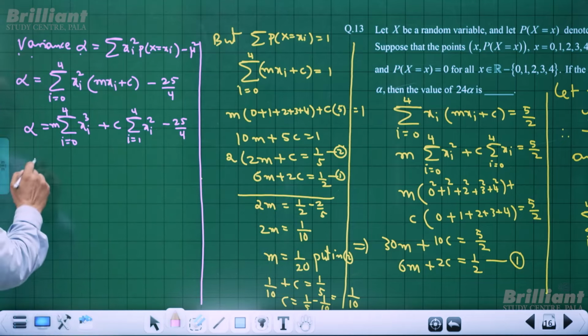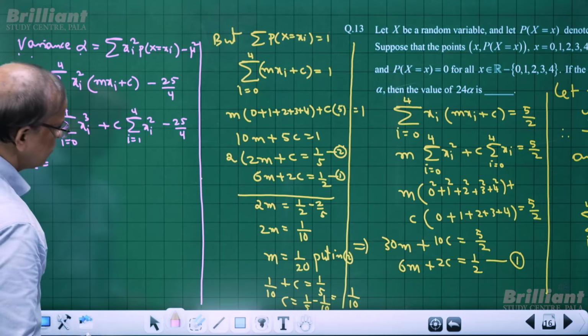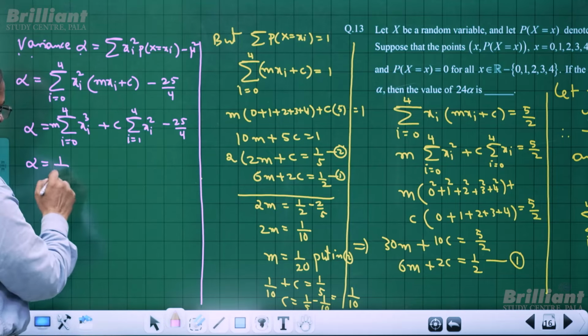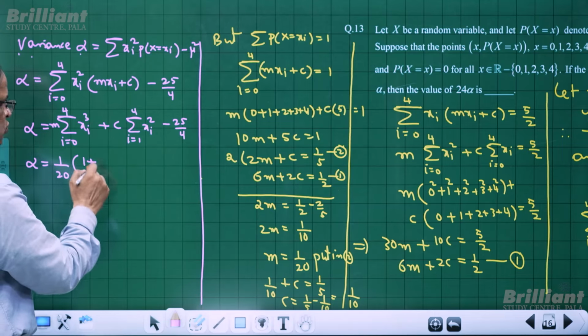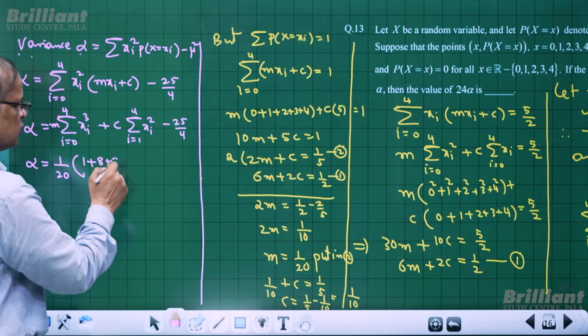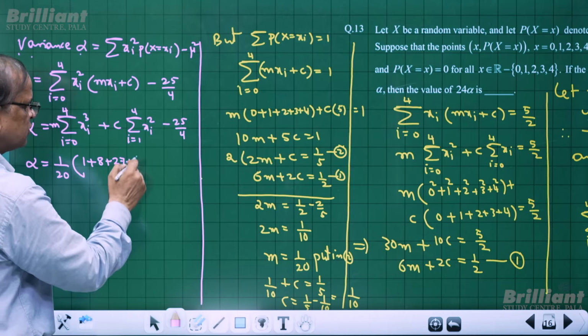Now, what is this alpha? m is 1 by 20, and the cubes are 1 cube, 2 cube 8, 3 cube 27, 4 cube 64.